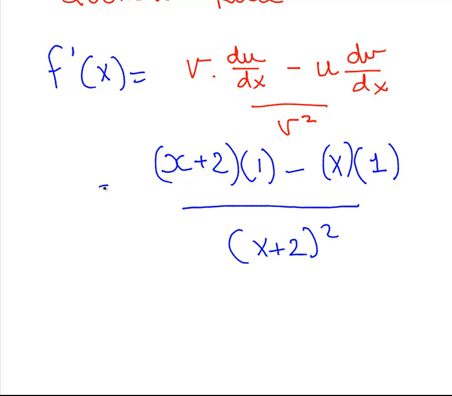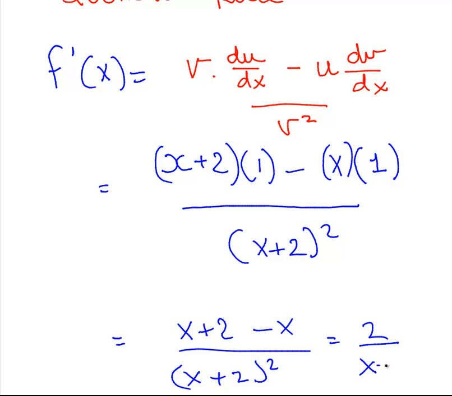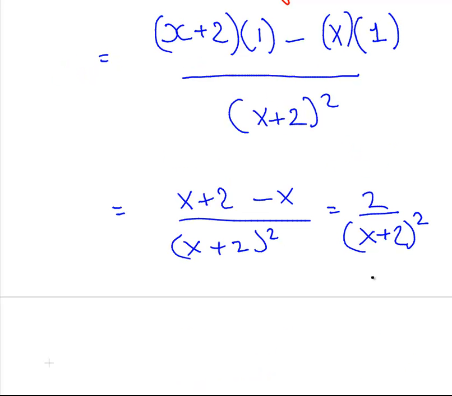So we have x plus 2 minus x over x plus 2 squared, and that works out to be 2 over x plus 2 squared. So that is questions 1 to 9 of the differentiation review.